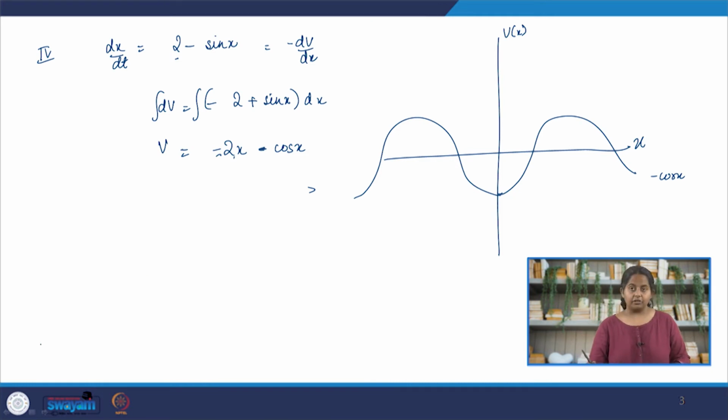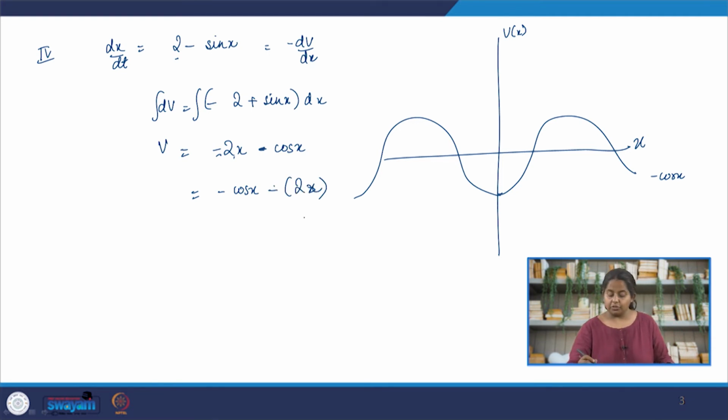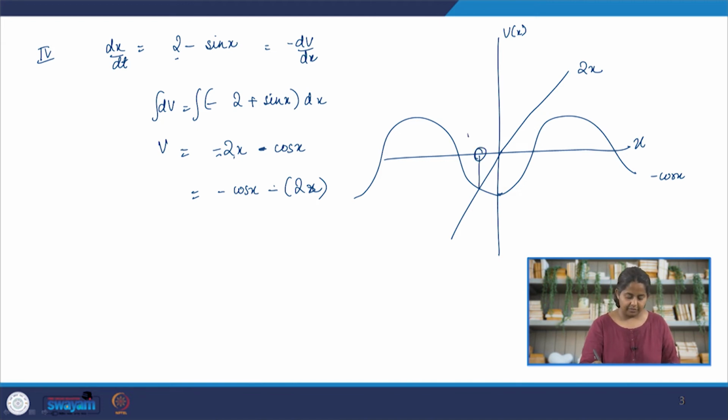So I have already drawn minus cos x, so I can rewrite this system as minus cos x plus 2x. I'm going to draw plus 2x. Okay, where they intersect, this is the place where v will be 0.